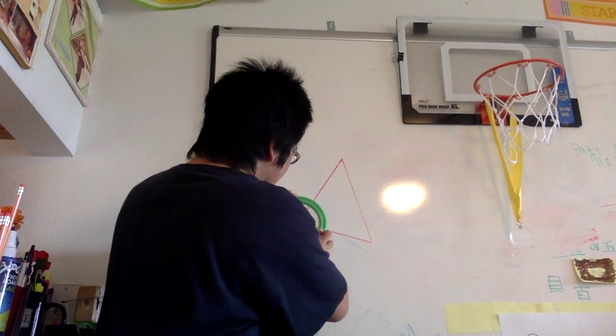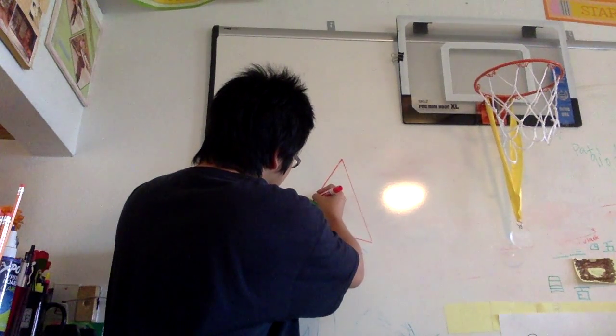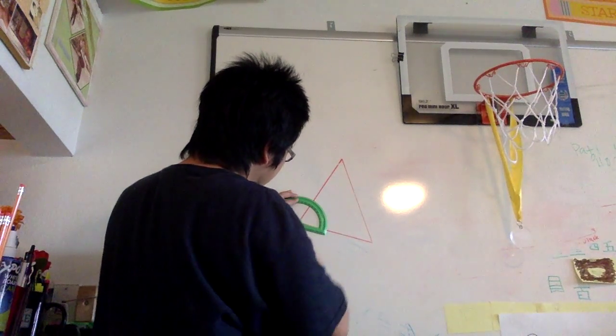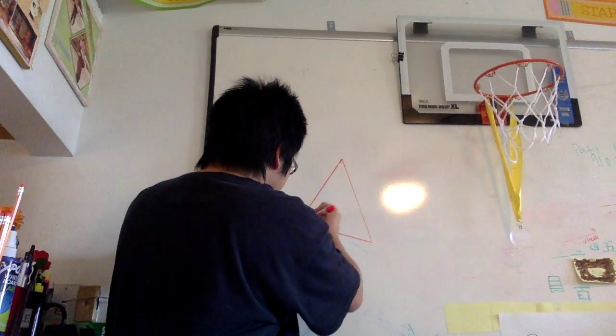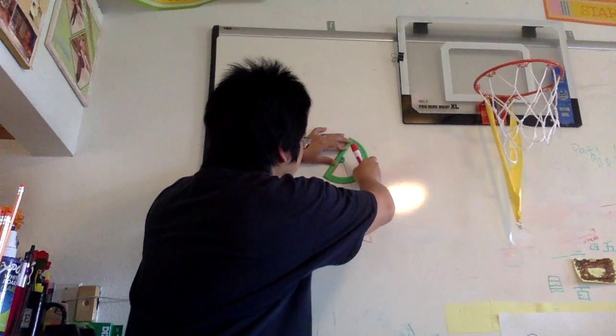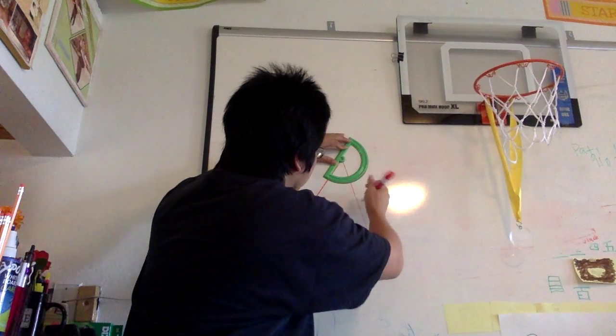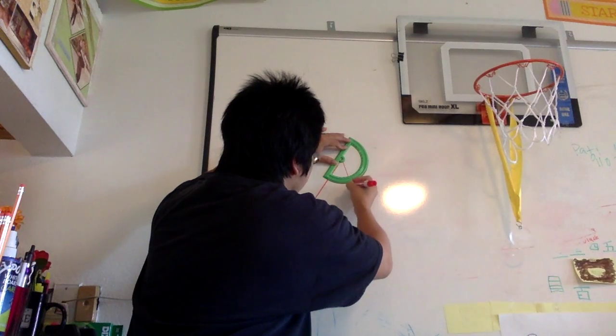But let's measure the angles within here. If I measure from here to here, this comes out to be 73 degrees. And then from here to here, this comes out to be 50 degrees.